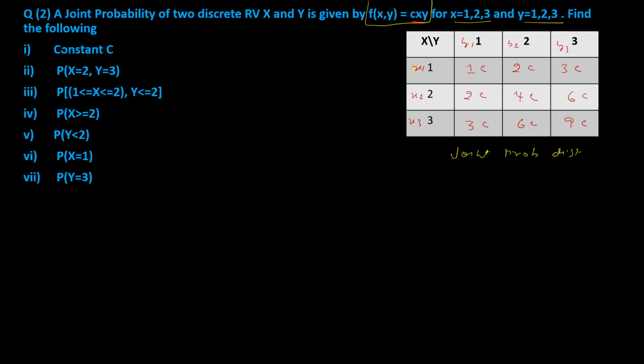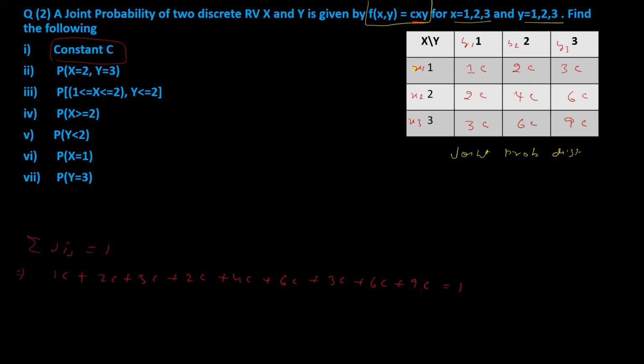I have done it. Now I have to find the value of constant c. How to find the constant c? I already told you that the summation of all Jij should be equal to 1. That is the property. So all the values 1c, 2c, 3c, 2c, 4c, and so on, I have to add and equate to 1. So you get 1c plus 2c plus 3c plus 2c plus 4c plus 6c plus 3c plus 6c plus 9c, and that should be equal to 1.